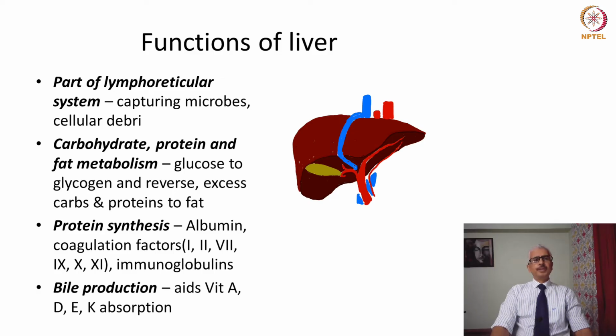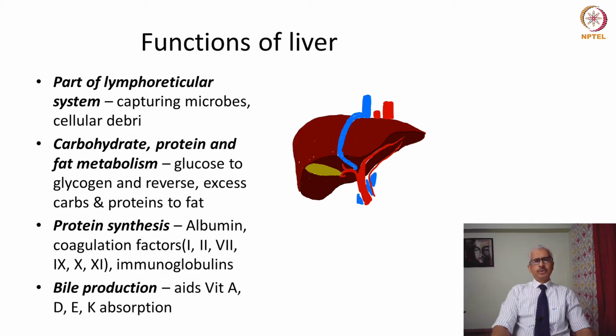Liver is also a very important site for carbohydrate, protein, and fat metabolism. Here, glucose is converted to glycogen as a storage form, and whenever required, glycogen is converted back to glucose. Excessive carbohydrates and protein taken in the diet is converted to fat in liver.